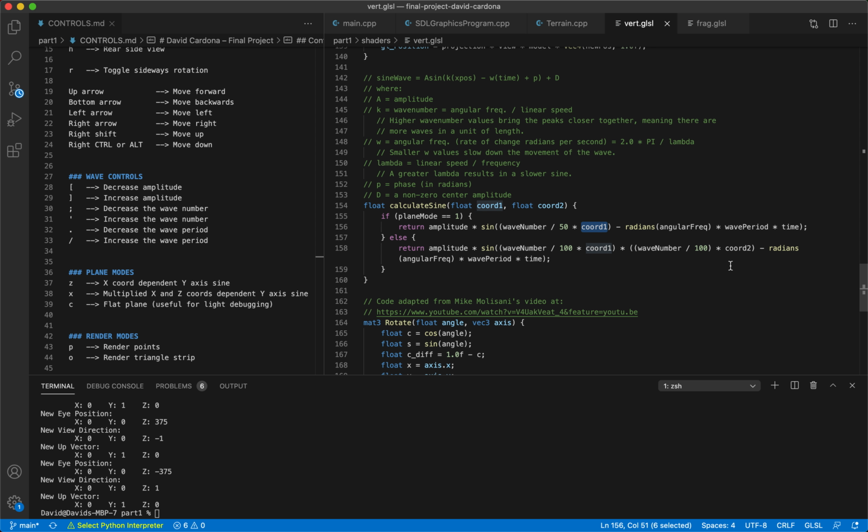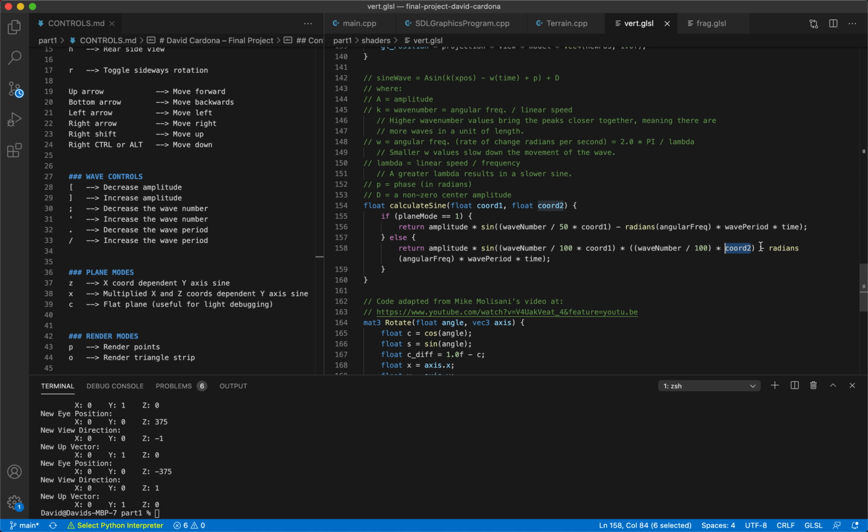The second mode multiplies that value by the second coordinate as well, also scaled by the wave number value. And this results in a sine wave moving outwards from the center in two diagonal directions and moving inwards to the center in the other two diagonal directions.